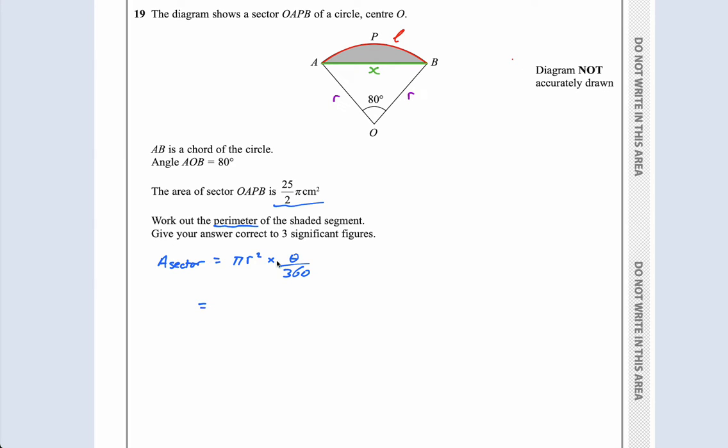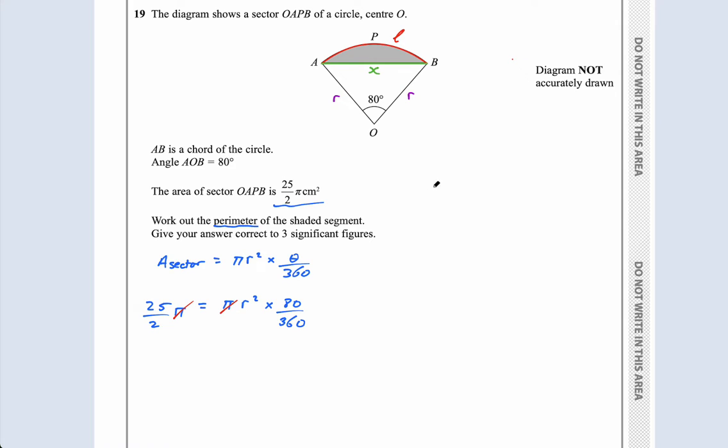Now, this is pi, and r I don't know, so let's leave it as r squared. And the angle I do know, it's 80 over 360. And the area I do know, it's 25 over 2 pi. So now I just need to solve this for r. First thing I can do is divide both sides by pi, so the pi's cancel.